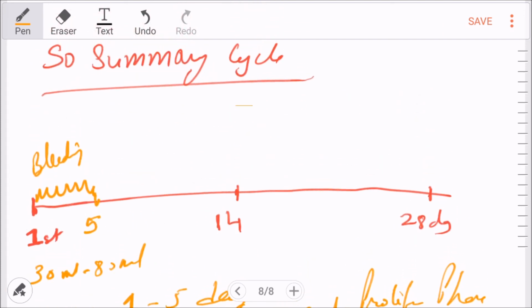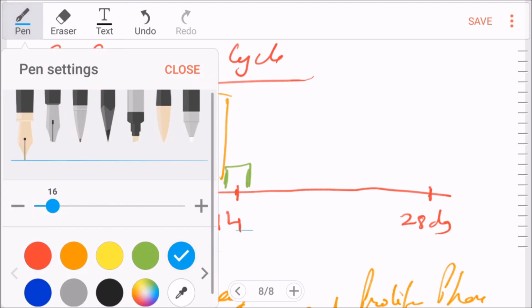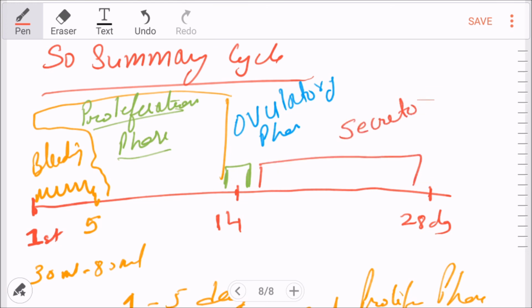So here we can write this phase is known as the proliferation phase, meaning the endometrium starts proliferating. And the 14th day we can say is the ovulatory phase. And the third phase is the secretory phase, which is done by the progesterone hormone.